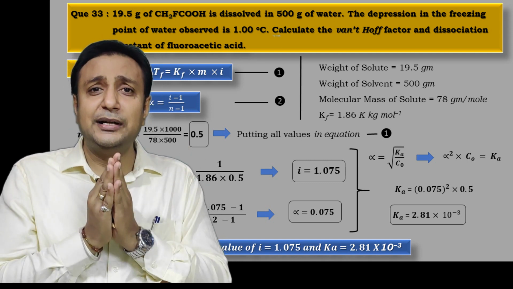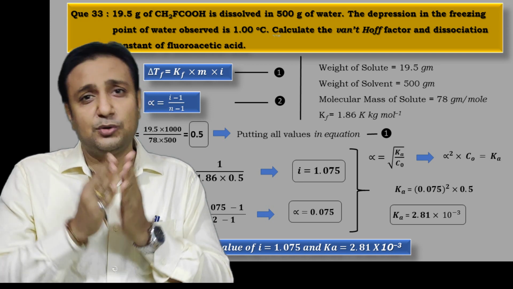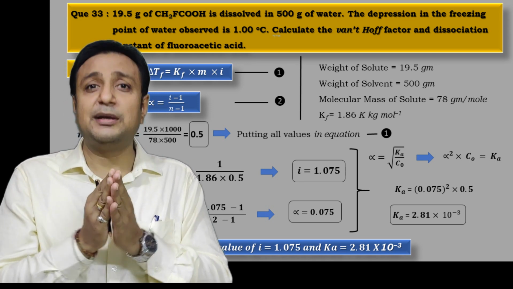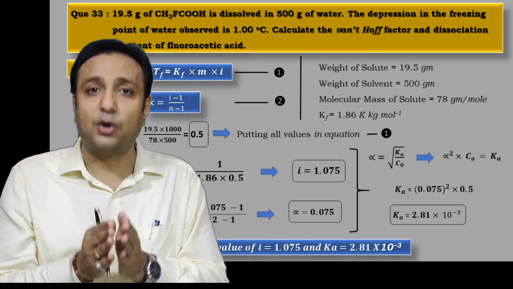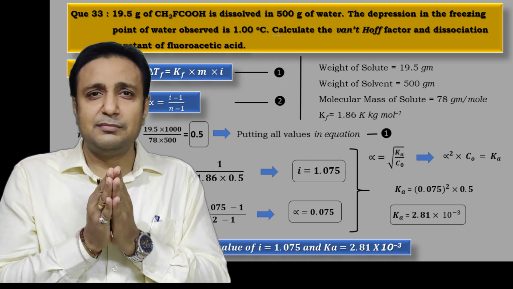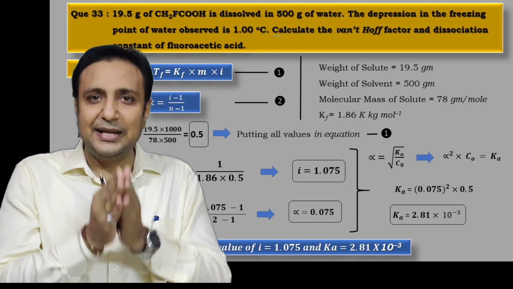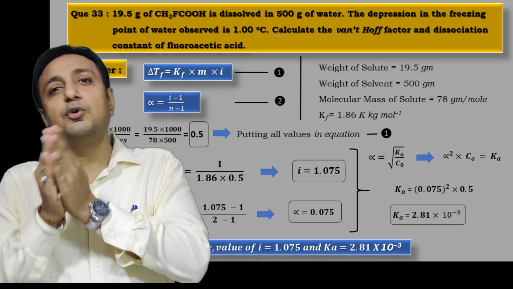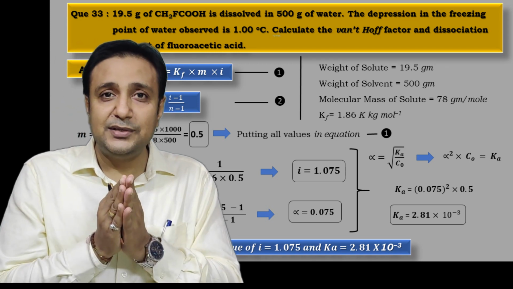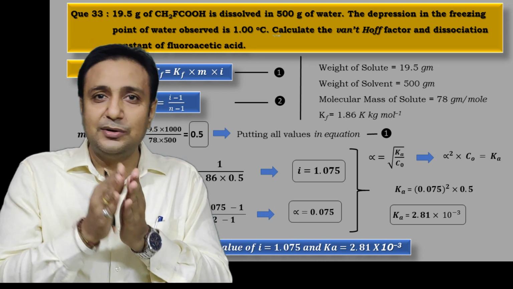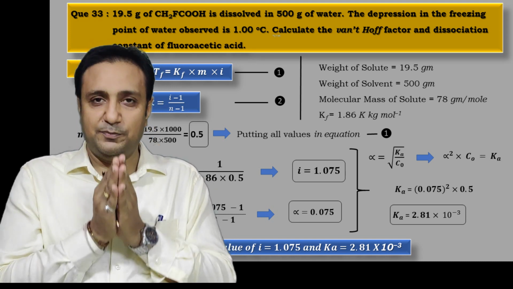Now we have calculated the value of molality. So that will be the value of C0 because water is taken as a solvent. So there is no problem for that. Whatever the value of molality, that will be the value of molarity. So that problem is resolved. So C0 will be 0.5.